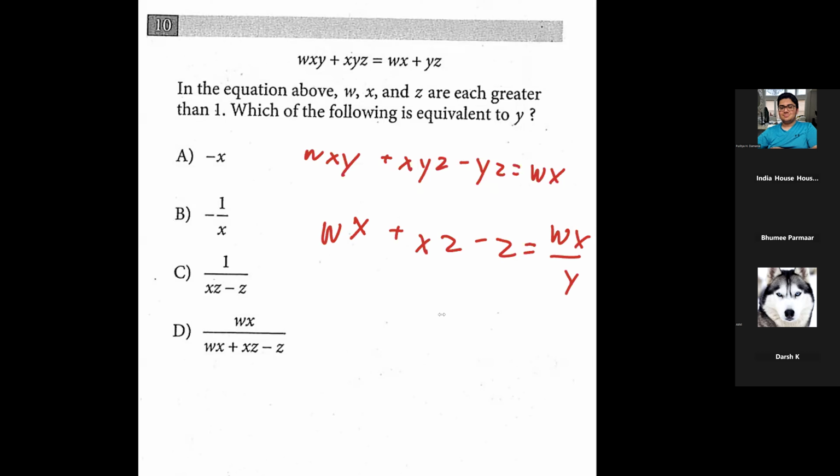So for example, if we had like 10 over 5 equals 2, we could also say that 10 over 2 equals 5.